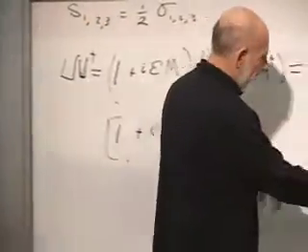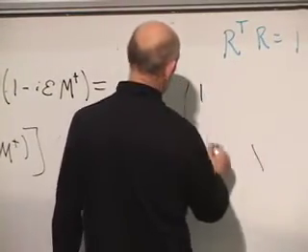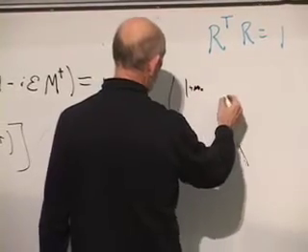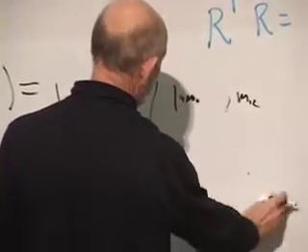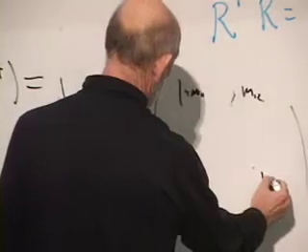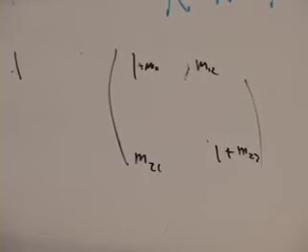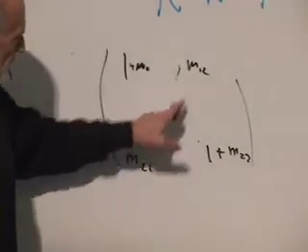Yeah, let's look at it. Let's do it. 1, 1, and then a small matrix: 1 plus M11, M12, M21, and 1 plus M22. I haven't put the epsilon in, but we'll just treat M as a small thing. Let M be a small thing. All right, what's the determinant? The determinant is this times this minus this times this.